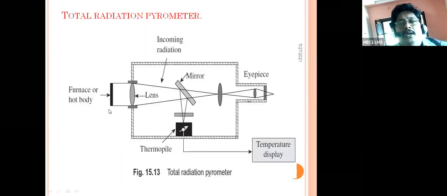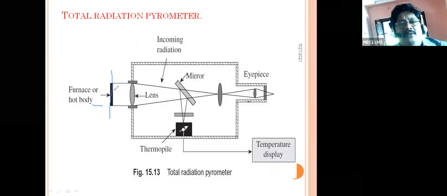Listen carefully. See here, this is a furnace or a hot body. The black colored part is an example of a furnace or a hot body. It emits radiation, and then we have to find out the temperature of the hot body or of the furnace.